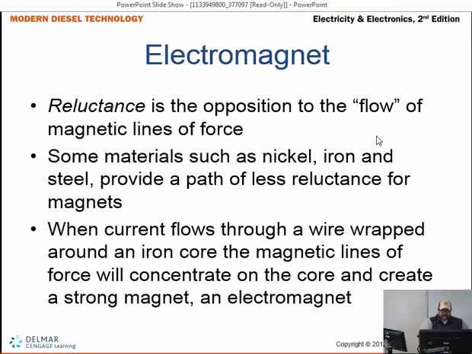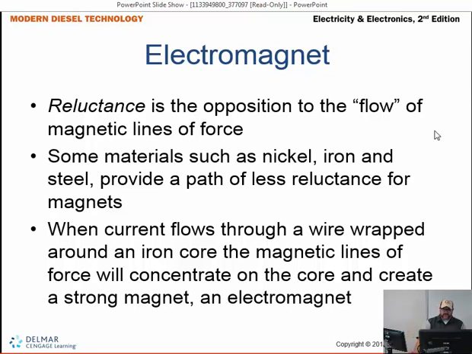All right, reluctance. Reluctance is the opposition to flow of magnetic lines of force. So when you think of reluctance, I just think of resistance, resistance to flow. Some materials such as nickel, iron, and steel provide a path of less reluctance for magnets. So they're sort of reluctant friendly.